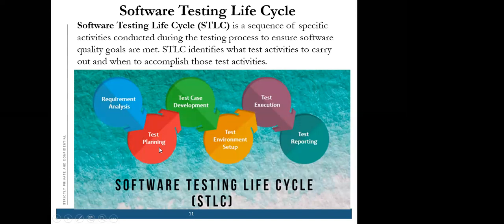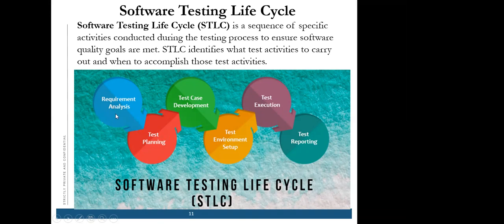In this phase, typically the test manager is involved to determine the effort or cost estimation for the entire testing, I mean how much it will cost. So all this will be planned here in this phase.